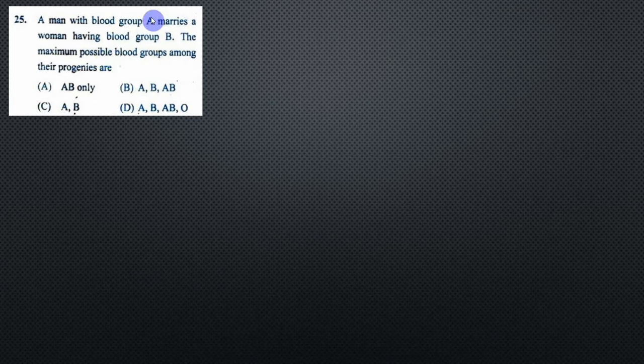This can only happen when the man is heterozygous A and the woman is heterozygous B. So if the genotypes are capital IA and small i for the man, and capital IB and small i for the woman, then you can get the maximum blood group combination, that is A, B, AB, and O. Hence D is the right option.